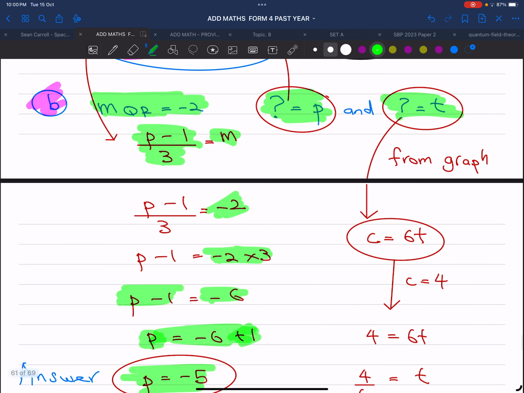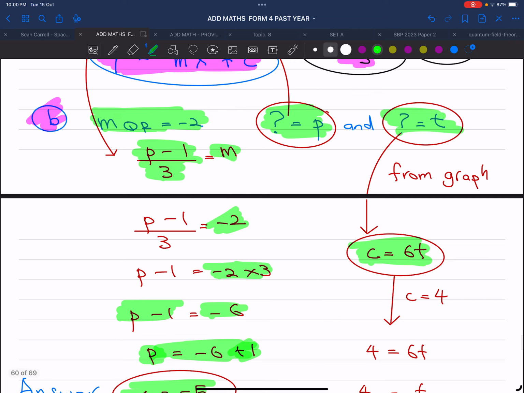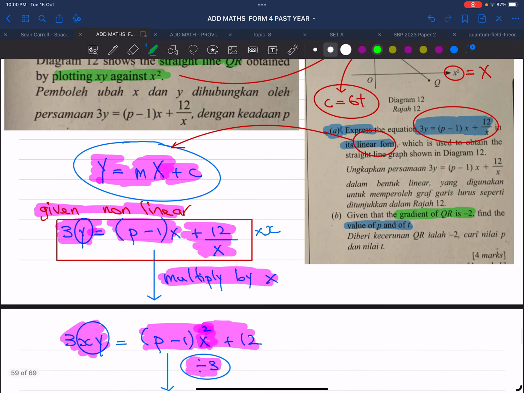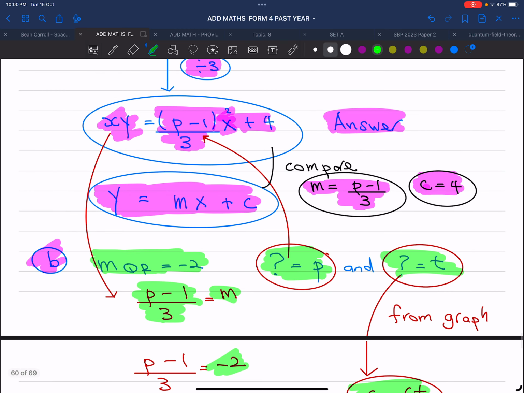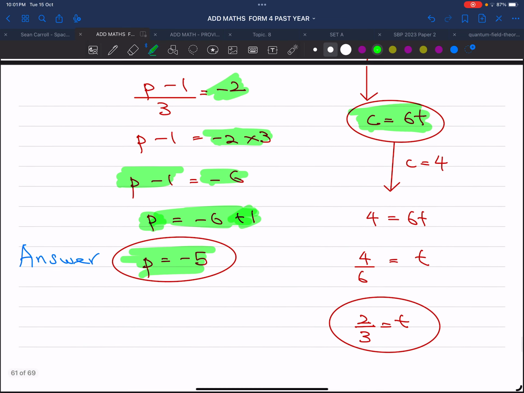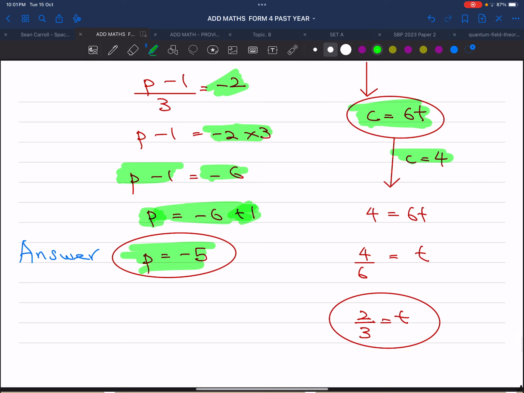And we already have the C over here, which I collected in the early part. You see? The C is 4. So I'm going to replace this C with 4.